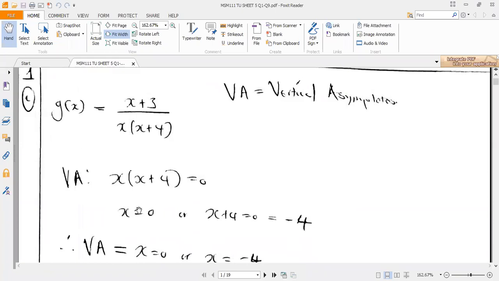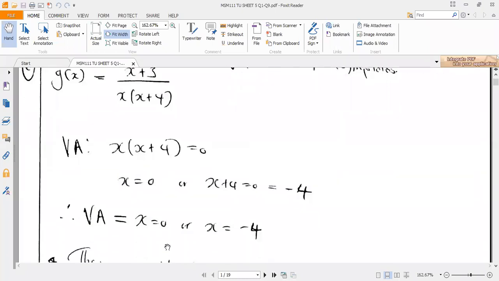So we discover that x is equal to 0 or x is equal to -4 here. So our vertical asymptotes are x equals 0 and x equals -4.